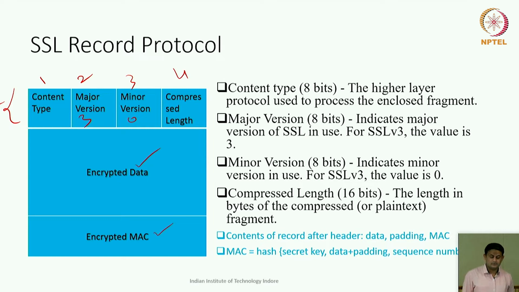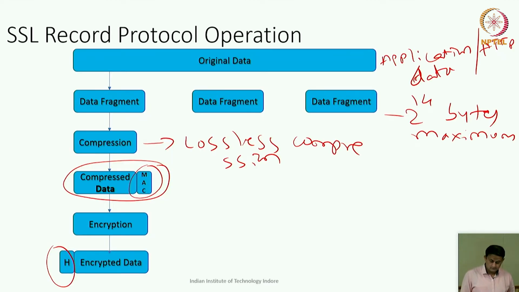Then the fourth component is something called the compressed length. So the length of the data after the compression. Once the compression has happened, what is the length? Let's say 100 bytes.